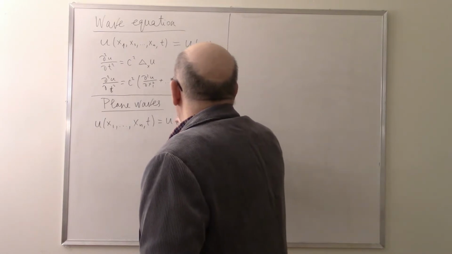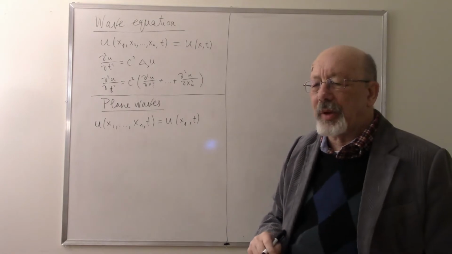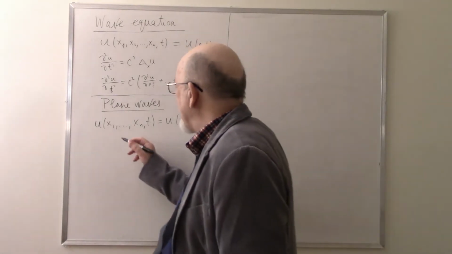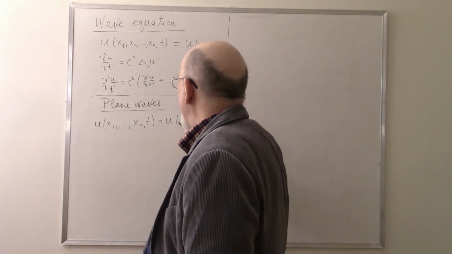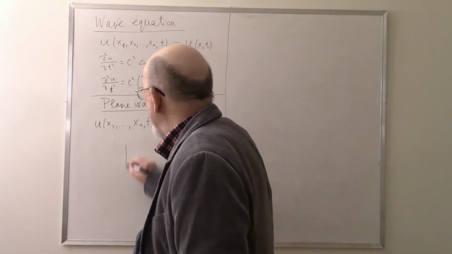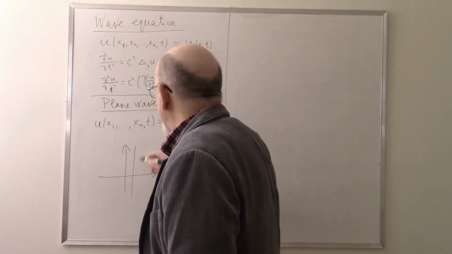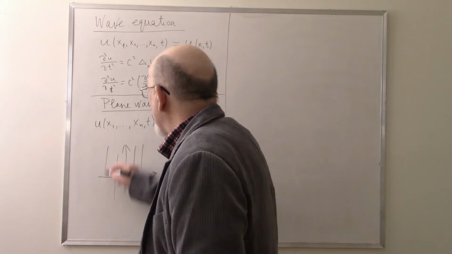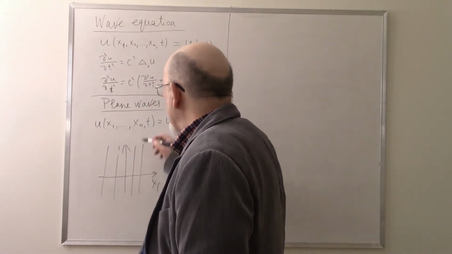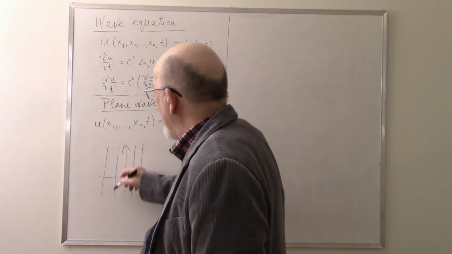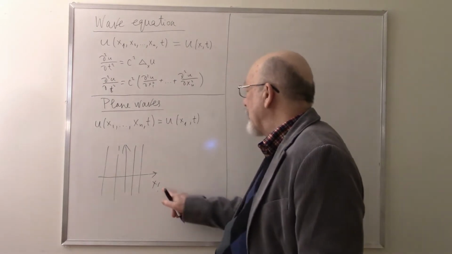So it's a solution which depends only on one coordinate, x1. So say if we have solution in the plane, we have x1 and x2, then the solution depends only on x1, so it is constant on any line where x1 is constant.